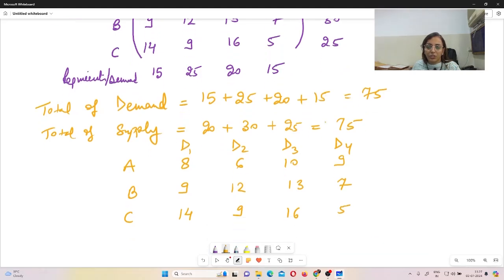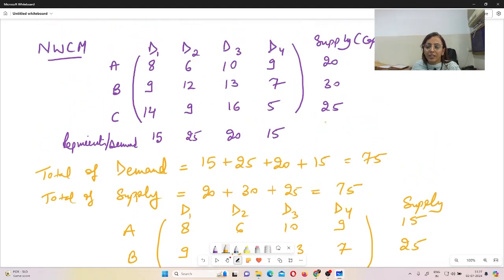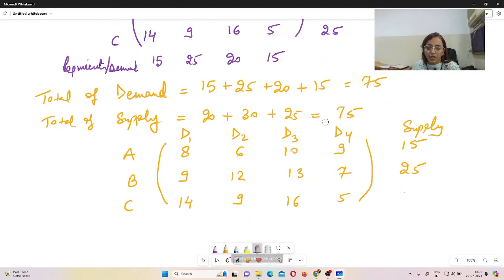The supply values are 20, 30, and 25, and the demand values are 15, 25, 20, and 15.